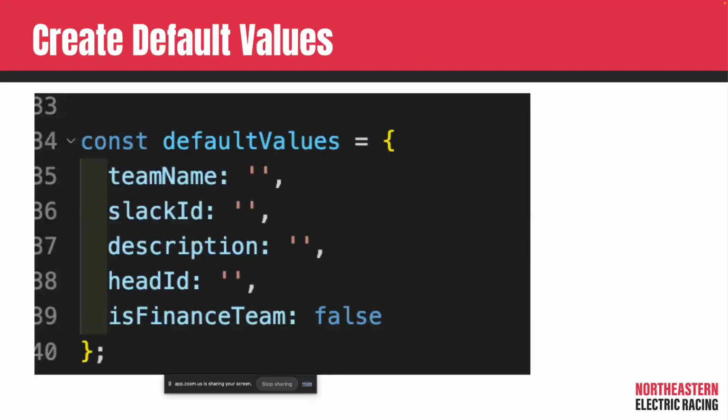And then you can also create default values. Basically what you pass into the use state in the beginning, just whatever you want your default values to be. When you are editing a project, what would you assume the default values for the edit form to be? Exactly.